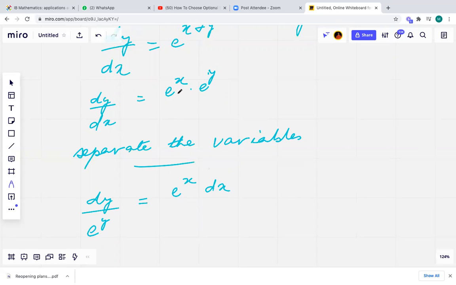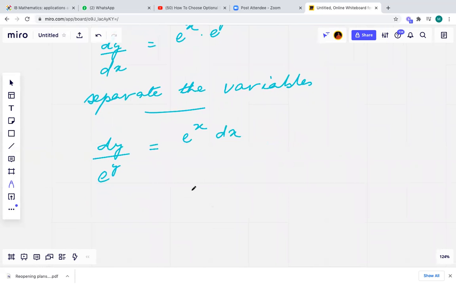I will say the integral of dy upon e to the y is equal to the integral of e to the x dx.